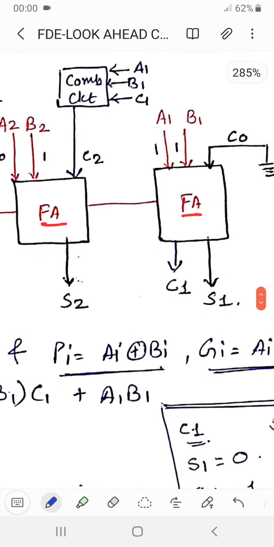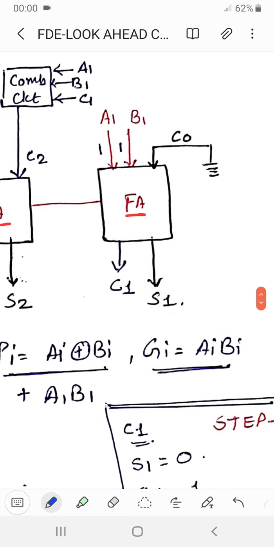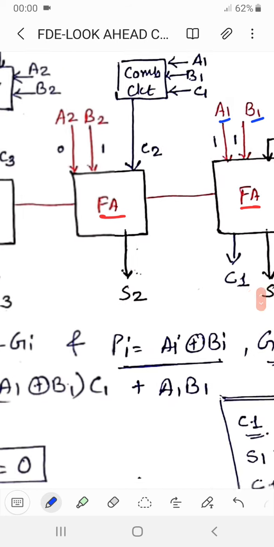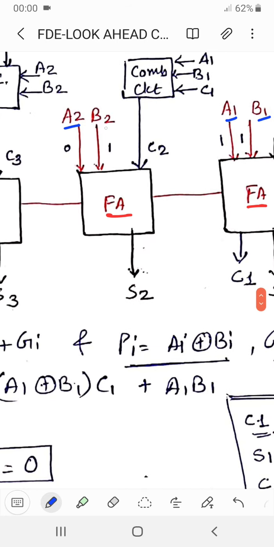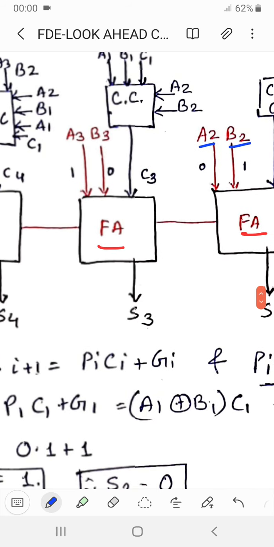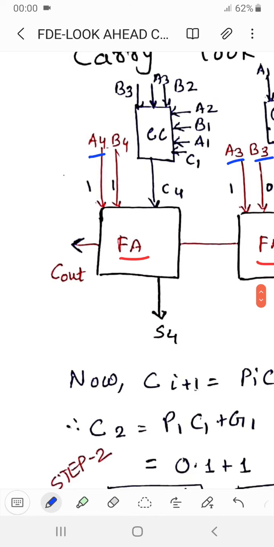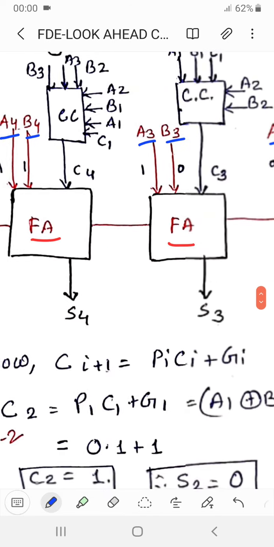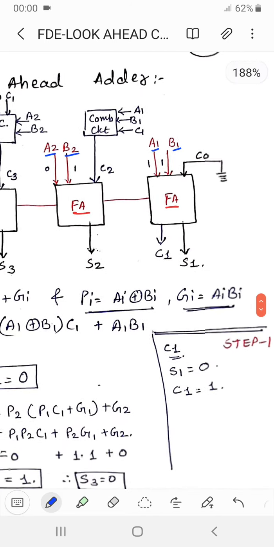Your first full adder has two inputs, A1 and B1. In the second full adder, your inputs are A2, B2. For the third full adder, the inputs are A3, B3, and for the fourth it is A4, B4. Okay. Now about the carry input.